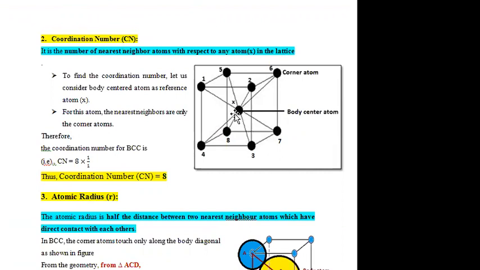As we know, this atom contributes to its own unit and does not share with other unit cells. The nearest neighbors to this body atom are the corner atoms, so we have a total of 8 corner atoms. We can write coordination number is equal to 8 into 1 by 1, which is equal to 8.